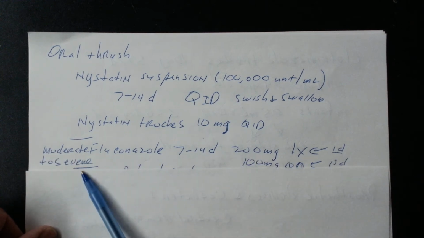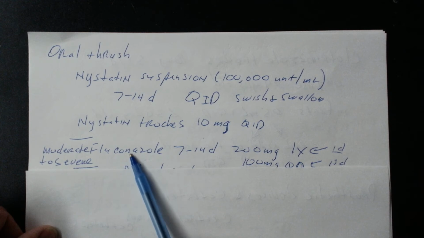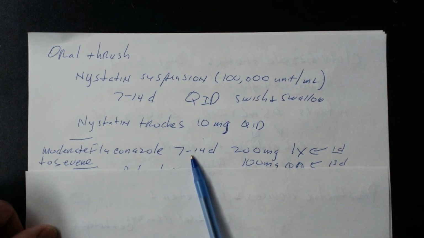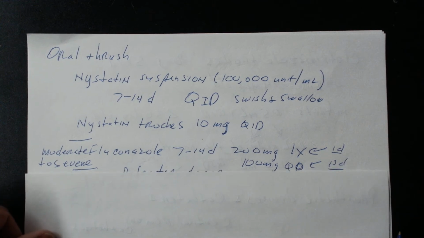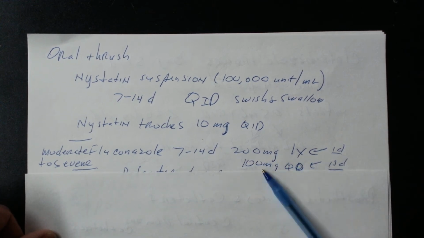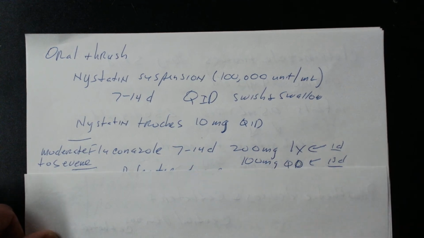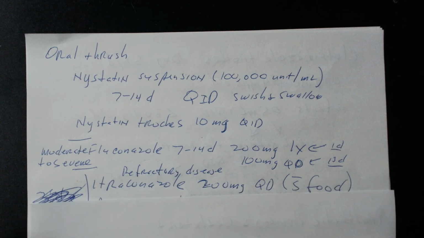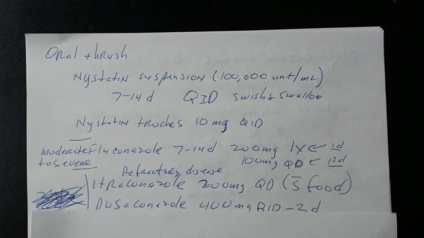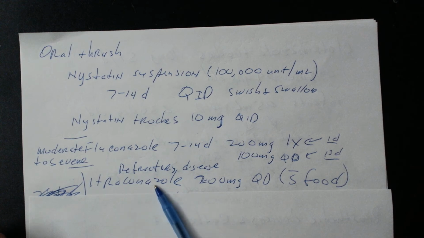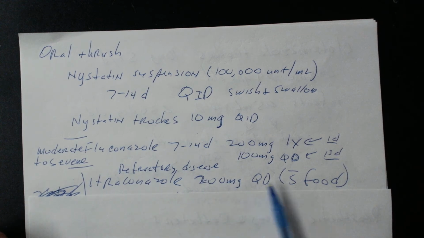For moderate to severe oral disease, you use oral fluconazole. You treat for 7 to 14 days. You treat with 200 mg the first day, and then the next 13 days, you treat with 100 mg. And then for intractable, refractory disease, you either use itraconazole, 200 milligrams every day.